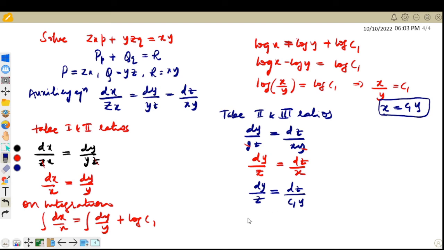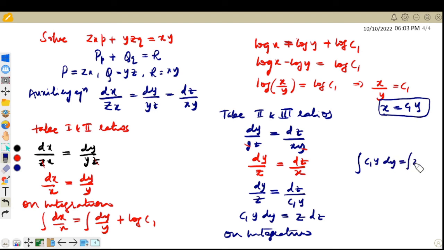Now the variables are separated. c1y dy is equal to z dz, or integration of c1y dy is equal to integration of z dz plus c2, constant of integration. c1 into integration of y, which is y square by 2, is equal to z square by 2 plus c2.